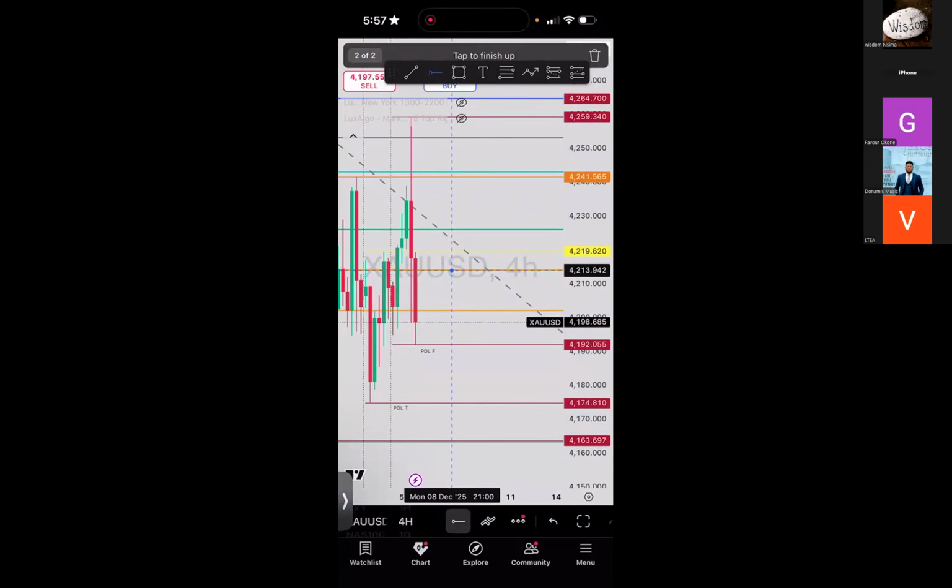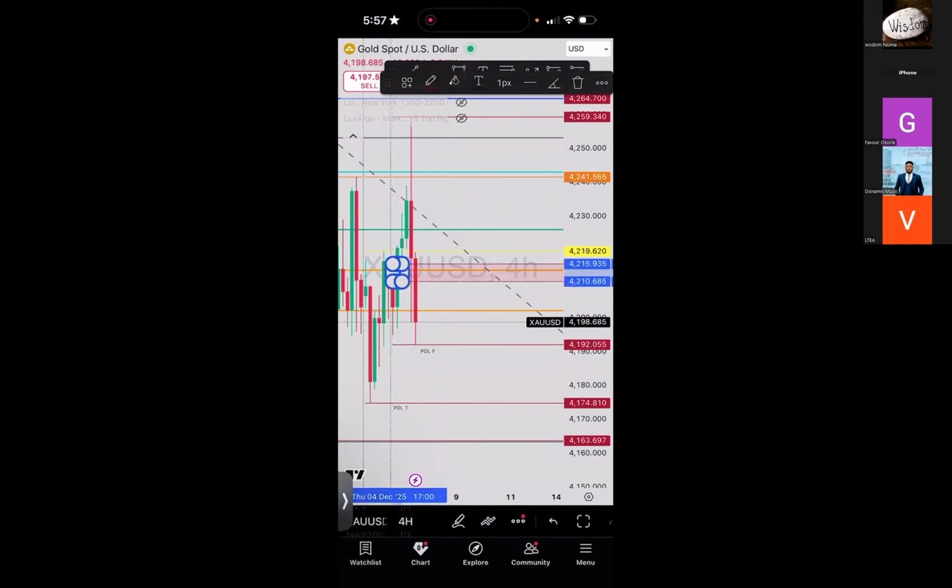You see the inversion fair value gap there. You see the green candle, we have a fair value gap there, the inverted one. Like Wisdom is even saying, price comes here. You see how price can reach there, which is not even up to the level I want price to reach, just because it's the 50% of the weekly candle. Price can buy up to that area and start selling.